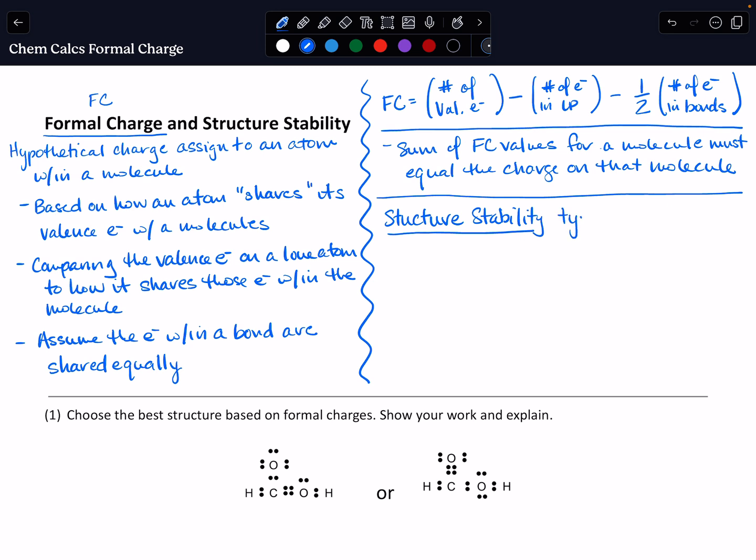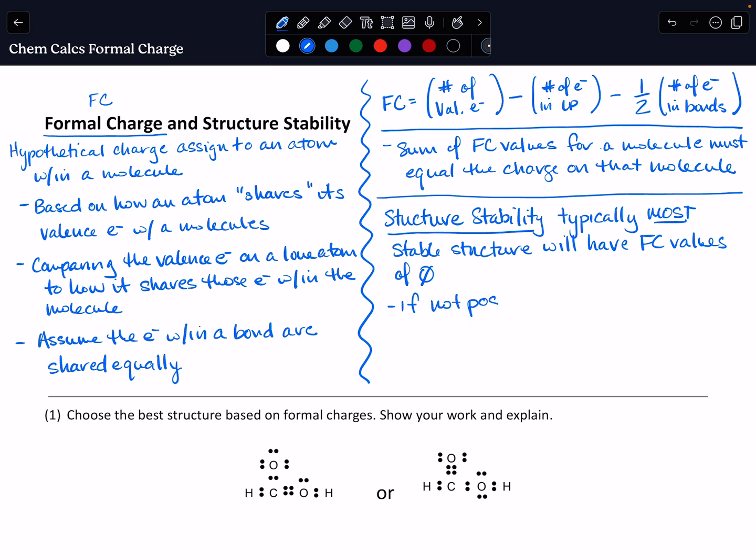So typically your most stable structure will have formal charge values of 0. Now that's not always going to be possible. So if you have a molecule, you've drawn all the structures, and you don't have one that's all zeros, that's fine. But if there is one that has all zeros, that is going to be the most stable structure.